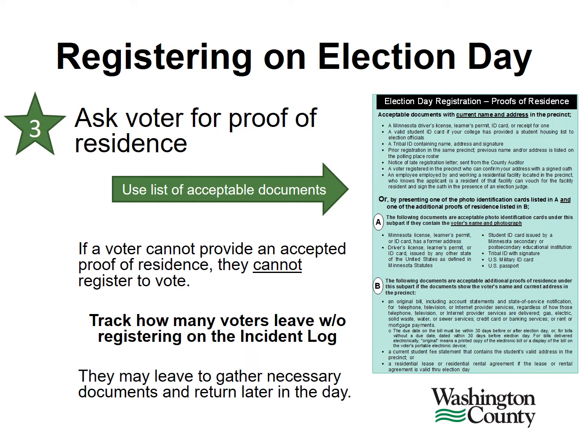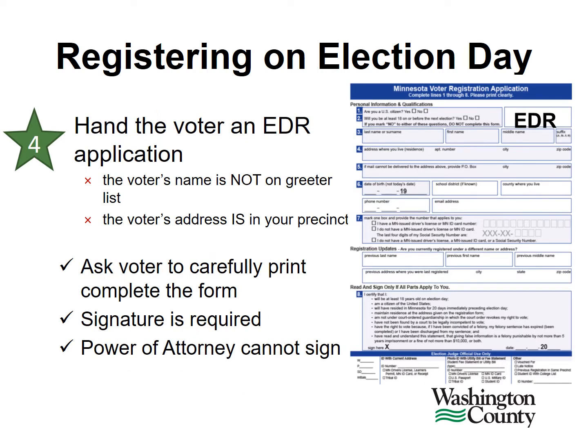Please track how many voters leave without registering on the incident log. We would like you to encourage people to leave and gather the necessary documents and return later in the day to vote.